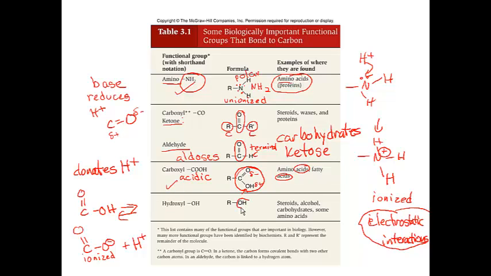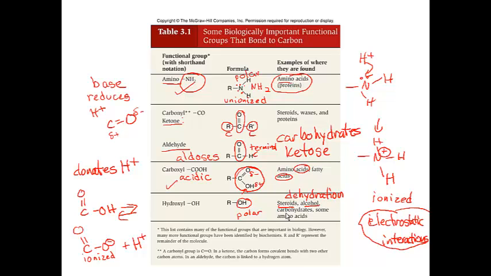Last one here, hydroxyl group. Again, is that OH polar or non-polar? Good, you're catching on, that's polar. So you add a hydroxyl group, you're increasing the solubility of that particular molecule. You're creating a functional group that can participate in dehydration reactions that you learned about in the last chapter, the loss of water to create a bond.